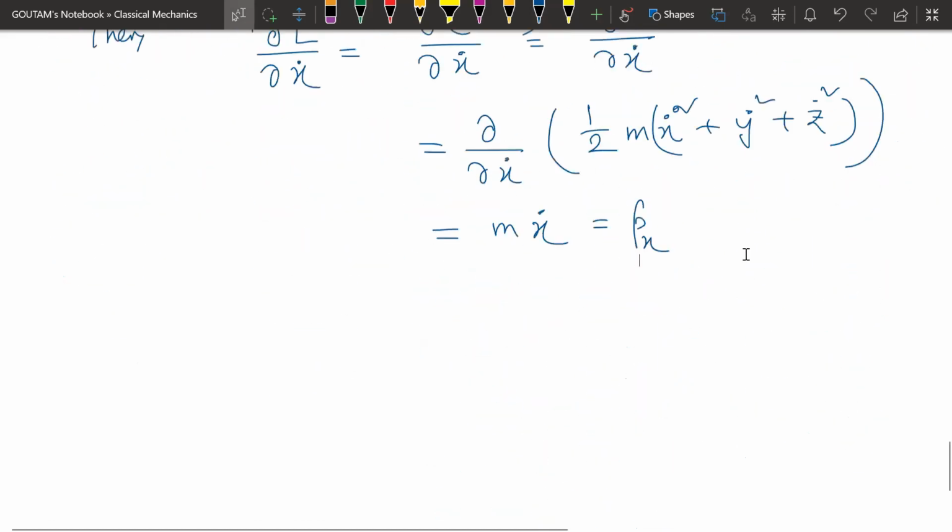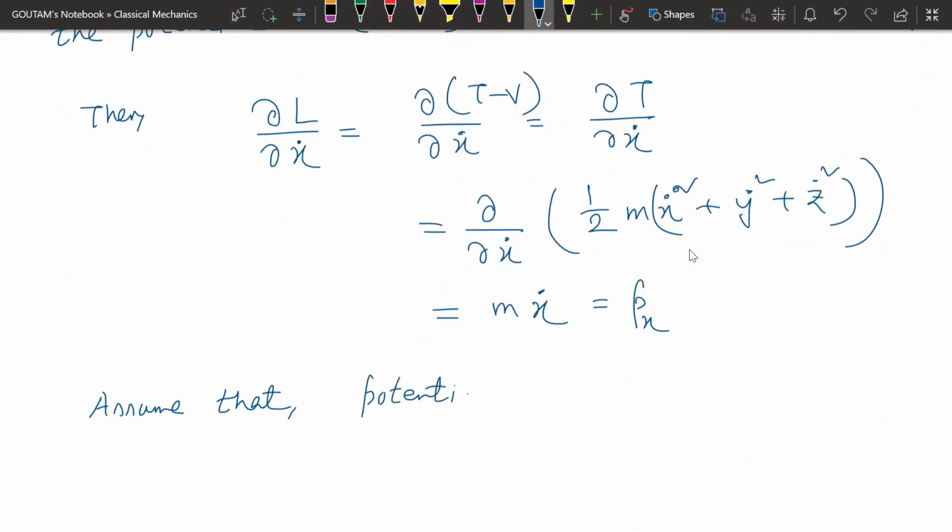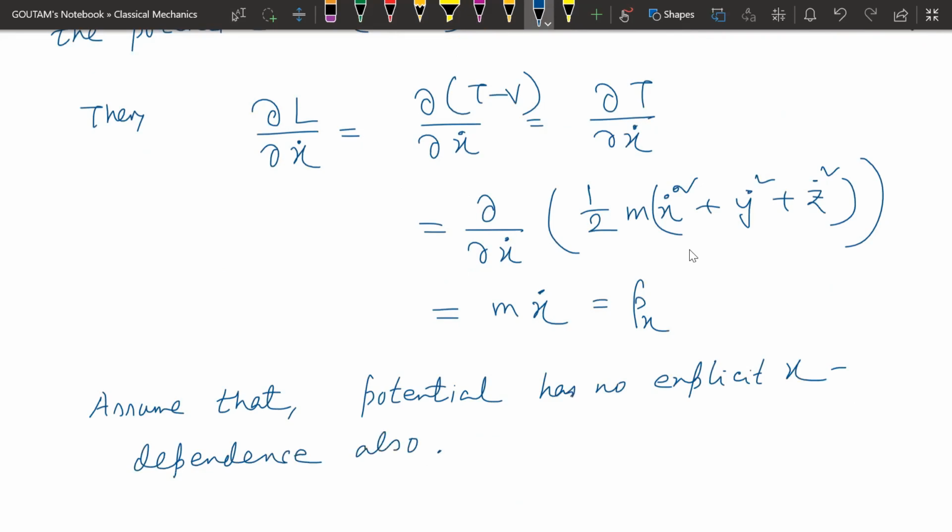Now assume that the potential has no explicit x dependence also.